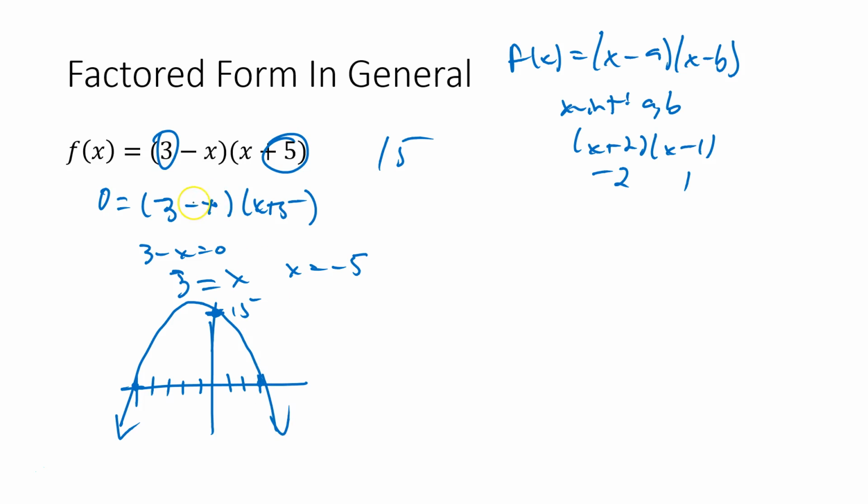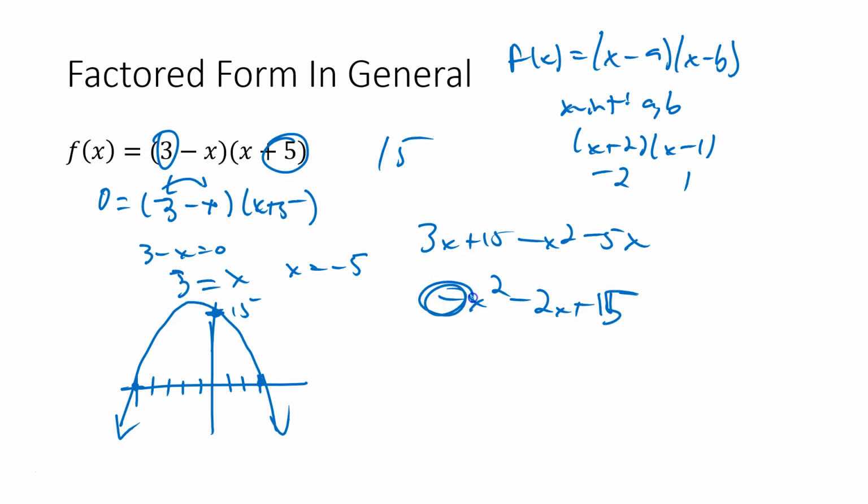So what the negative here does, flipping these, it makes it a frowny face parabola. It makes it go downwards. Because if we were to multiply this out, our a value would be negative 1. In fact, let's just multiply this out. Looks like we would have 3x plus 15 minus x squared minus 5x. So altogether, that's negative x squared minus 2x plus 15.